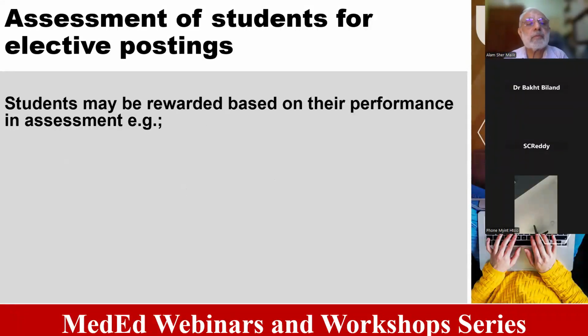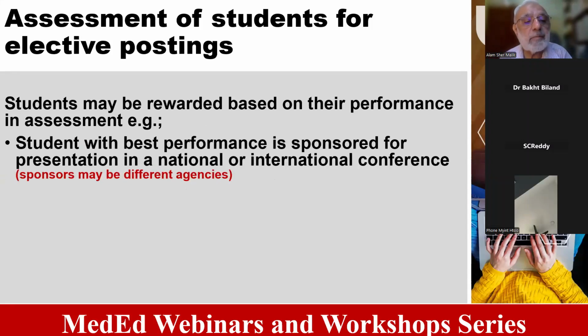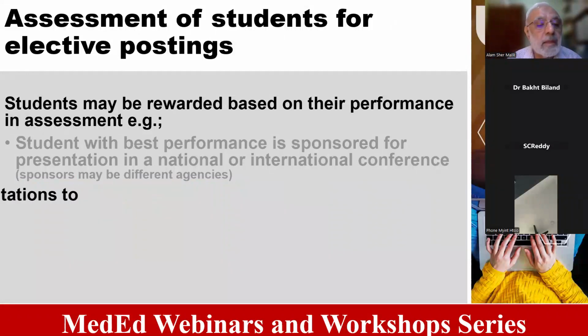Now, how to encourage students based on their assessments. Students may be rewarded based on their performance in assessment. For example, the student with the best performance is sponsored for presentation in a national or international conference, and we may have sponsorship from different agencies in the community.